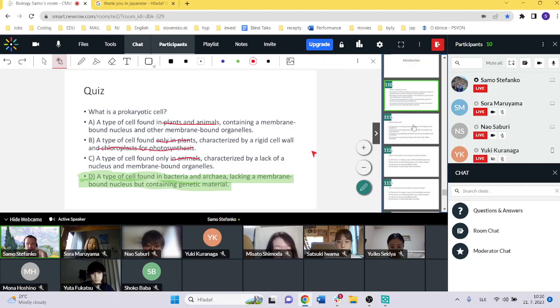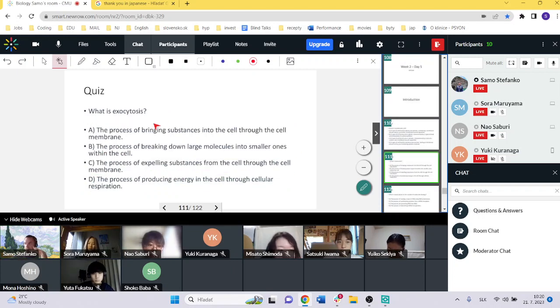Okay, let's move then. Now, please, can you read? What is exocytosis? Exocytosis: A. The process of bringing substances into the cell through the cell membrane. B. The process of breaking down large molecules into smaller ones within the cell.